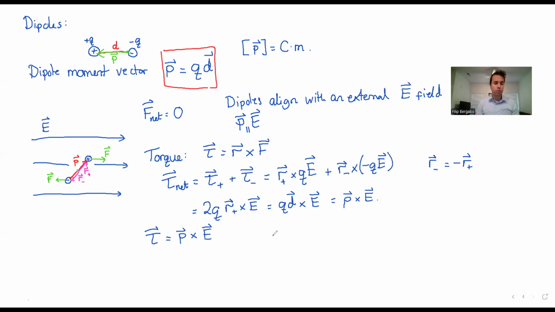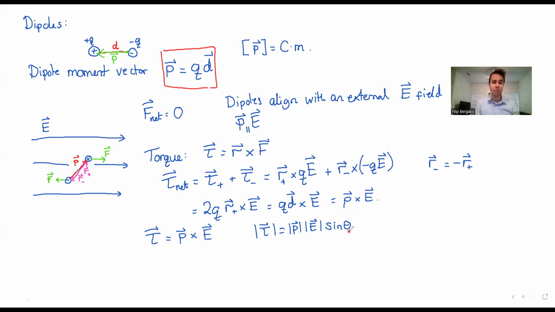And an important extra piece to keep in mind is that the magnitude of any vector that is formed by a cross product is just the magnitude of p times the magnitude of E times sine of the angle between them. So what that means is this torque is going to be maximum when the angle is 90 degrees, right?